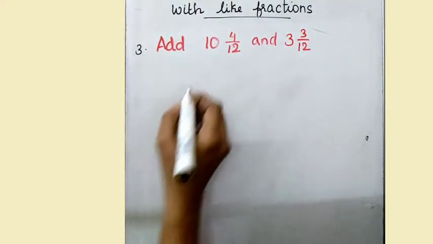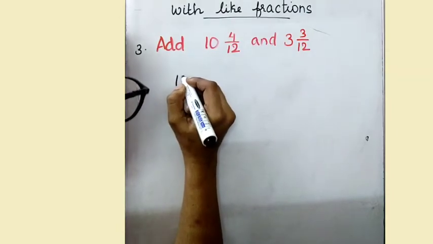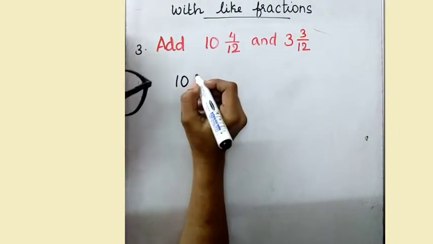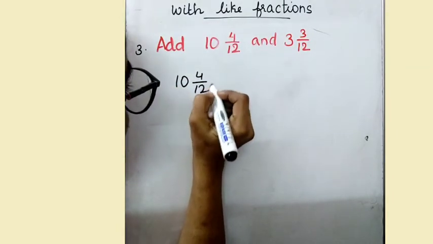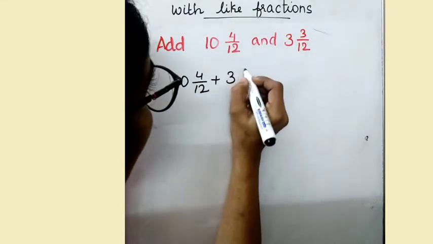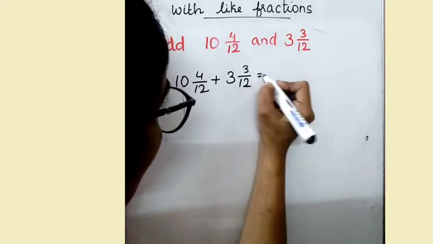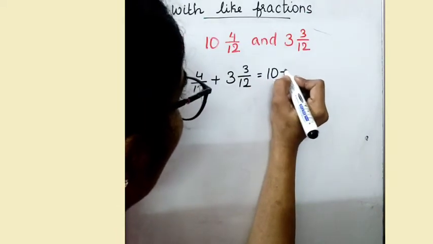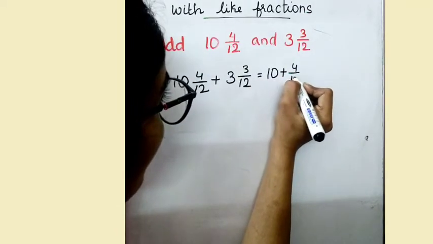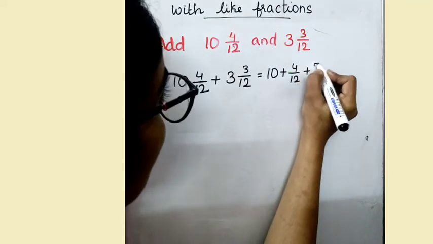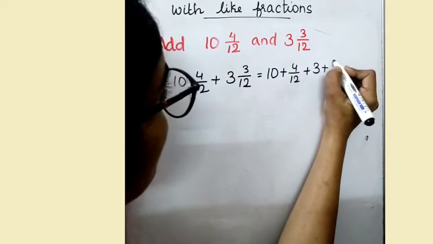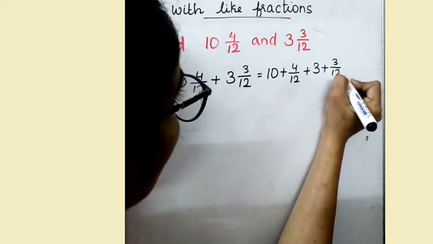How will you write this? First of all, 10 and 4 by 12 plus 3 and 3 by 12. First of all, write the question. That is equal to 10 plus 4 by 12 plus 3 plus 3 by 12.